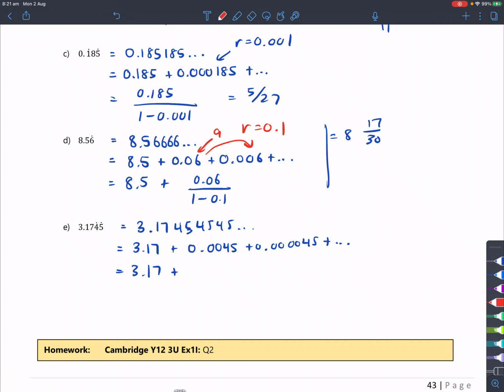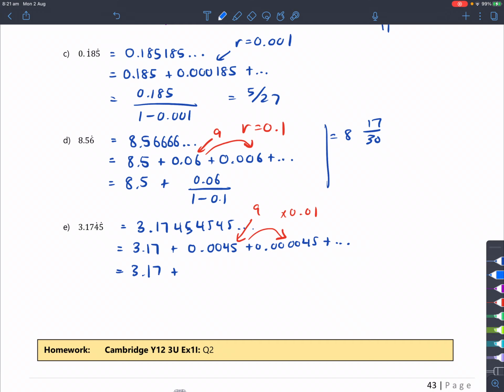Now our value of a here is just that. Our ratio here, because there's the 2 extra zeros here that have been put there compared to the previous one, will be 0.01, which means dividing by 100 or multiplying by 0.01.